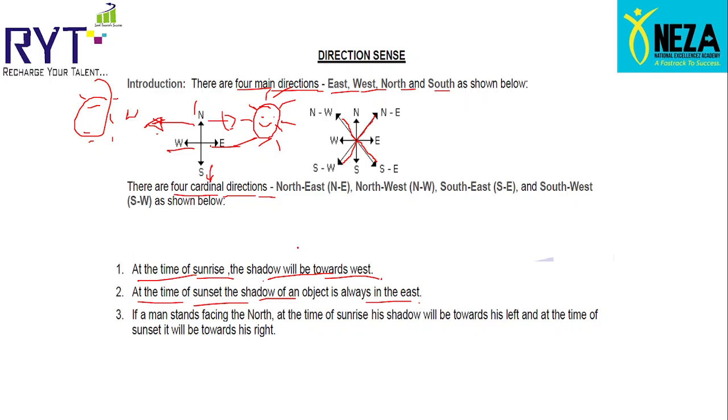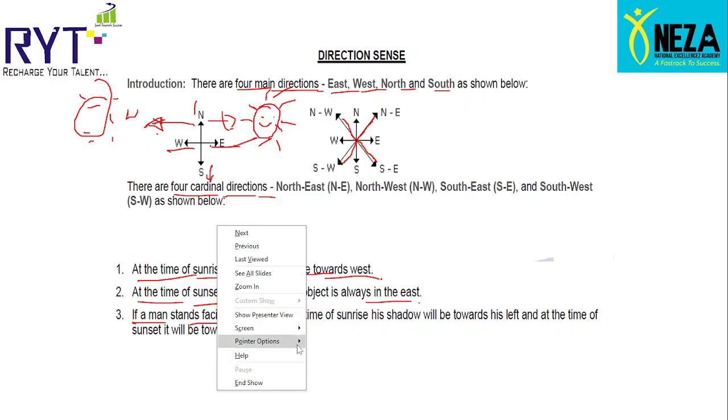In the early morning, that is during sunrise time, the sun will be in the east direction, shadow will be on the west direction. Same way, during sunset or during evening, sun will be in the west direction, shadow will be in the east direction. Now, suppose a man stands facing north direction.